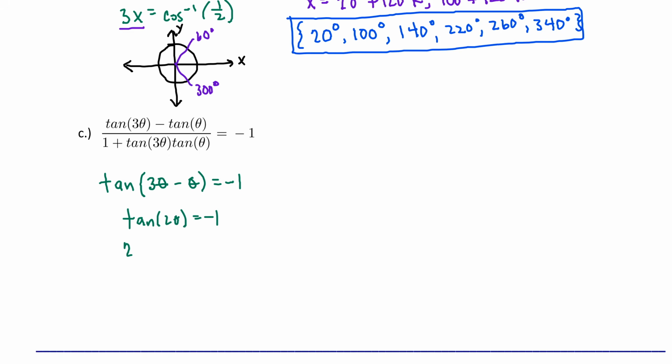Solving for 2 theta, we can apply the inverse tangent to both sides. So we need to evaluate inverse tangent of -1. Tangent is negative here, so I just want to remind you the range of inverse tangent is between -90 degrees and 90 degrees. Keep that in mind, especially if you evaluate inverse tangent with your calculator.